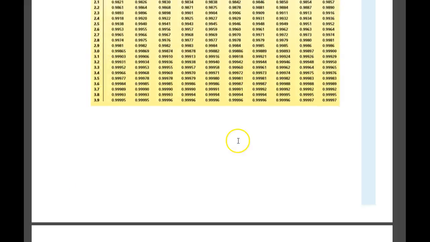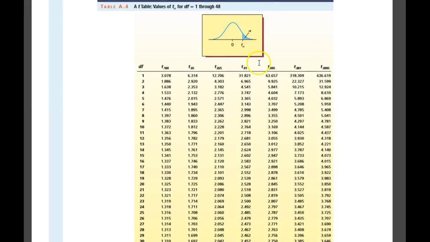So let's find the T table. Here is our T table. First let's find the degrees of freedom of 7 and the T value of 0.025. So 0.025 is right here, degrees of freedom 7. The number that we get is 2.365.